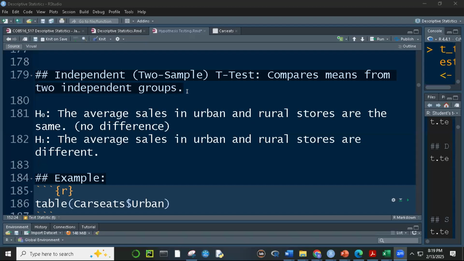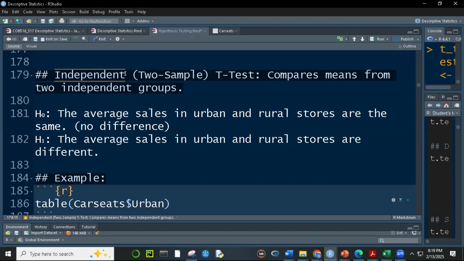All right, so we're now at the independent two-sample t-test. The name itself is very self-explanatory. You have two independent samples, totally different and mutually exclusive. For example, urban and rural: you cannot be both at the same time.